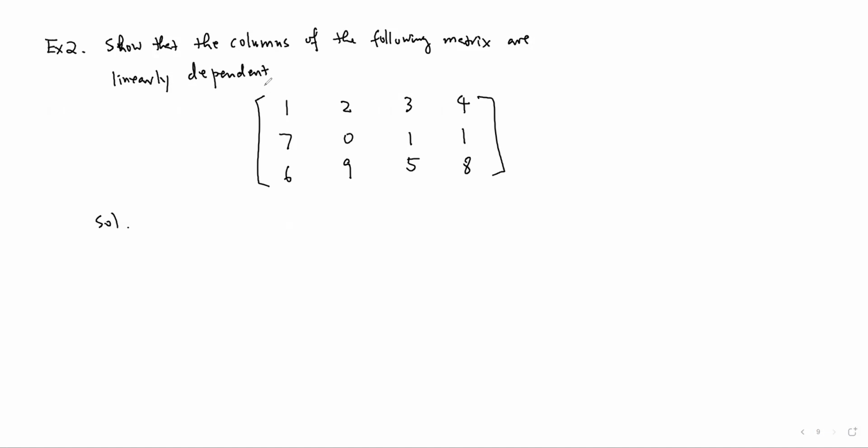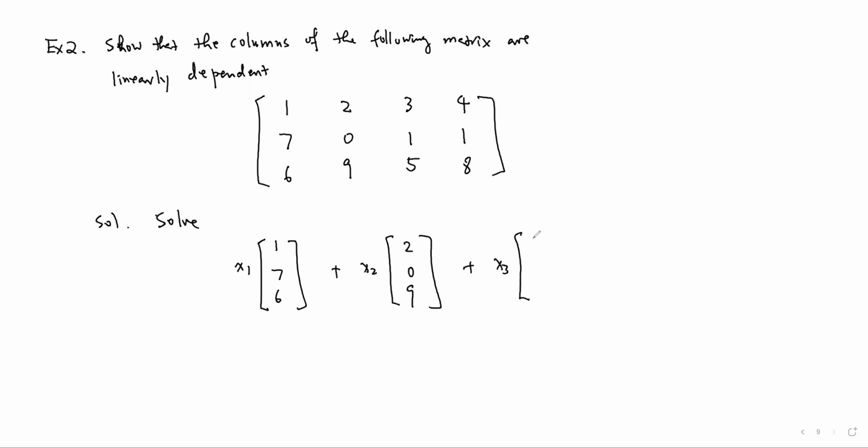How to solve that? Definition. Solve the following vector equation: x1 times first column, x2 times second column, x3 times third column, x4 times last column, equals the right side 0, 0, 0.